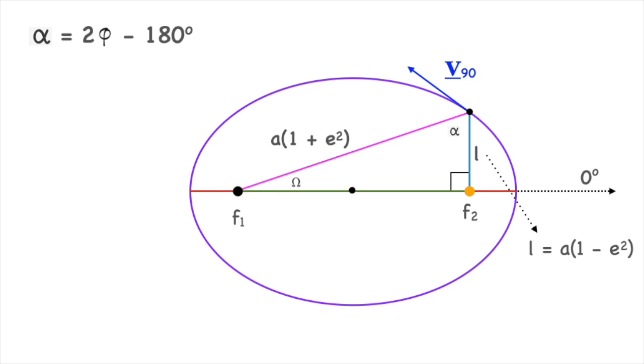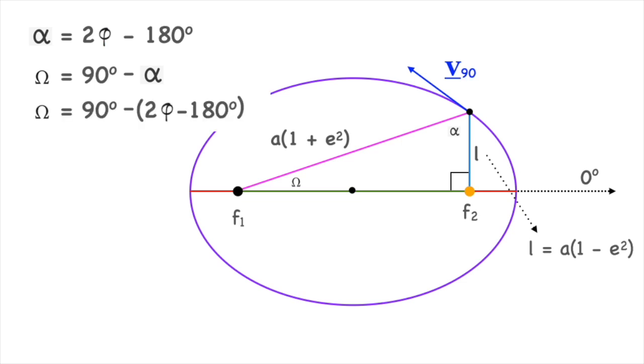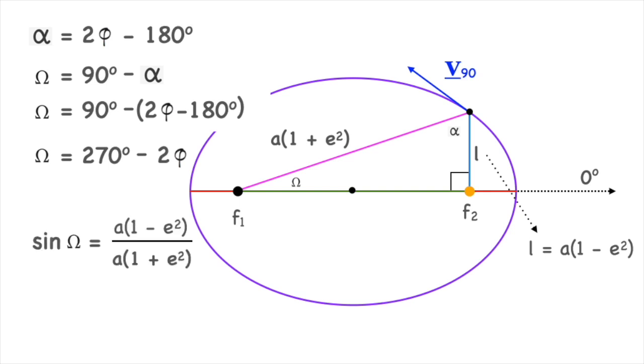So if alpha equals 2 times phi minus 180 degrees, omega must equal 90 degrees minus alpha, or 90 degrees minus the quantity 2 phi minus 180 degrees, which is equal to 270 degrees minus 2 times phi.